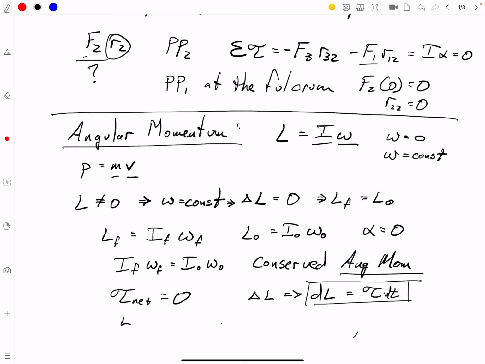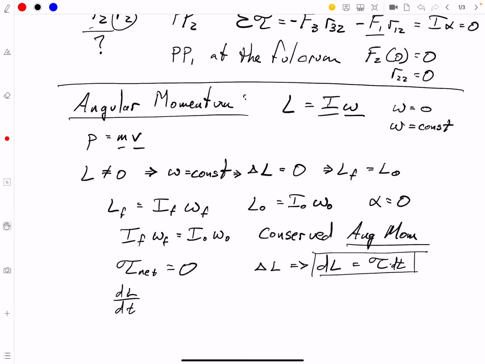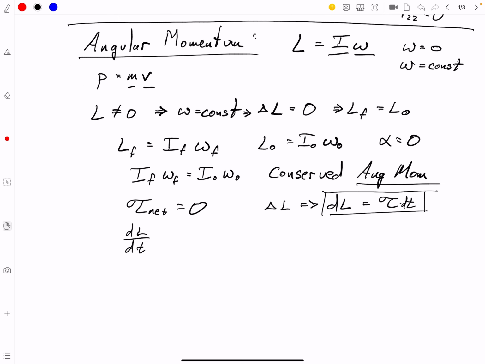So really, dL/dt is equal to our torque. And of course, it's all vectors.